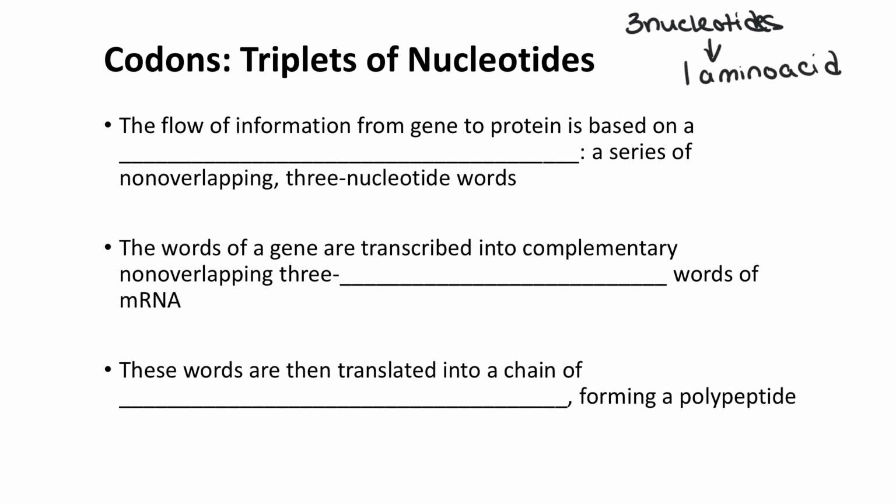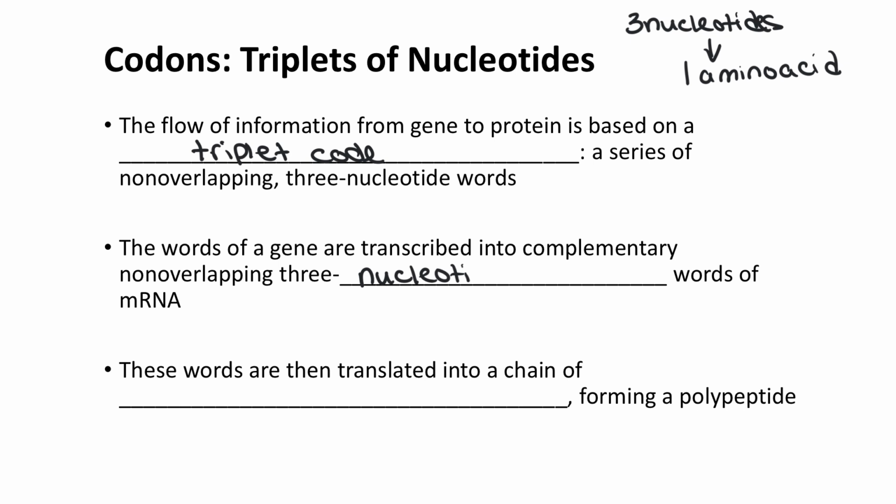And this flow of information from gene to protein is based on this triplet code. So the triplet code, again, is that there are 3 nucleotides that will code for one amino acid. The words of a gene are transcribed into complementary, non-overlapping 3 nucleotide words of mRNA.